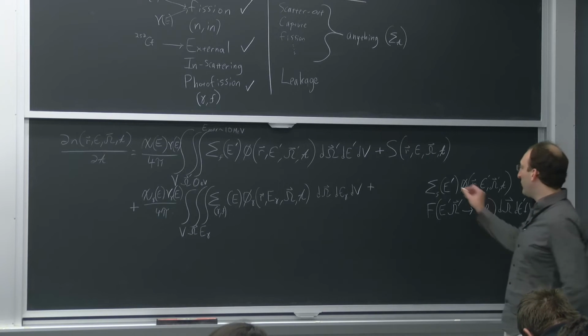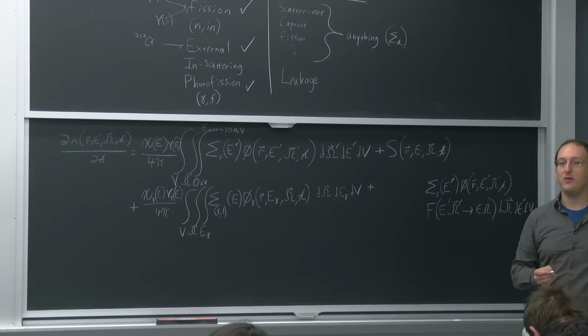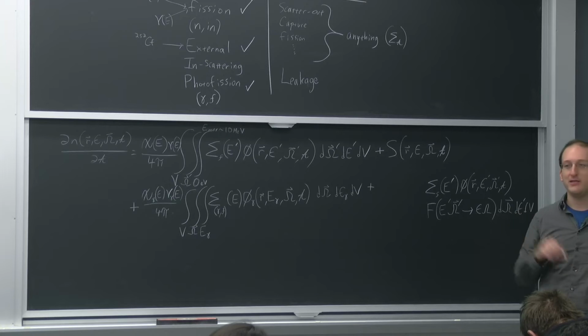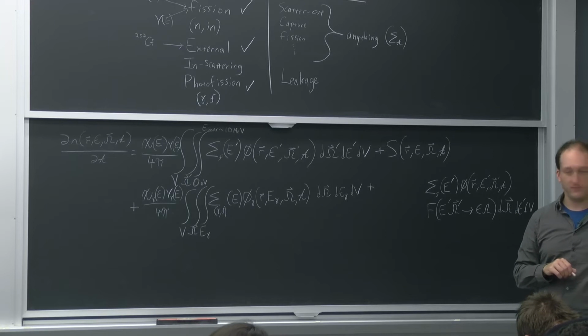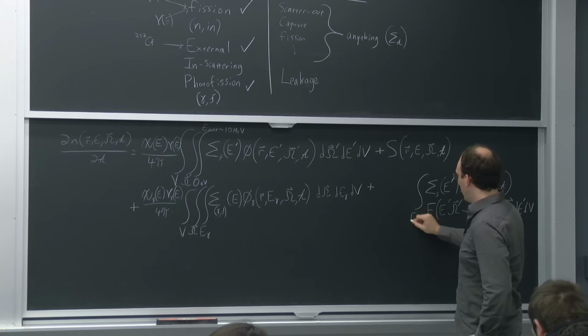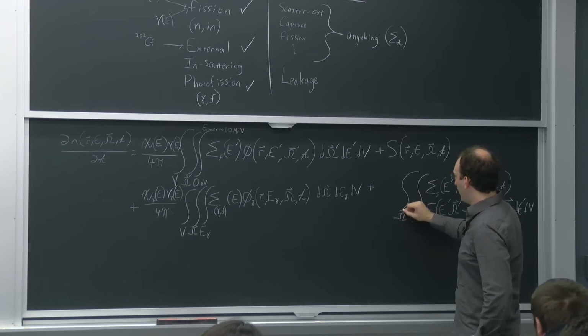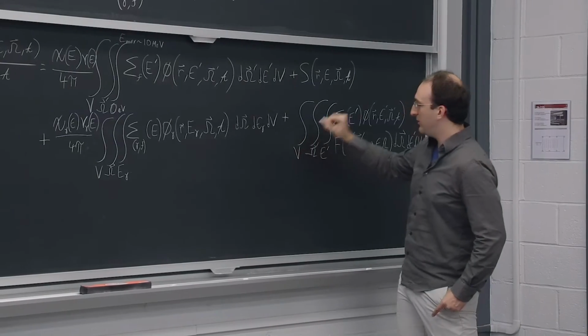We've now accounted for one other energy, E prime. Now how do we account for all possible other energies scattering into our energy group? Yep, again, same integrals. We integrate over all possible energies, over all possible angles, and over our volume.